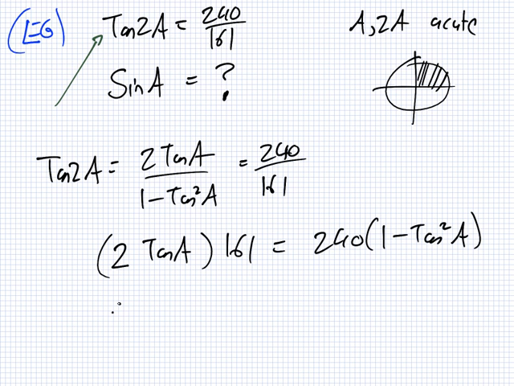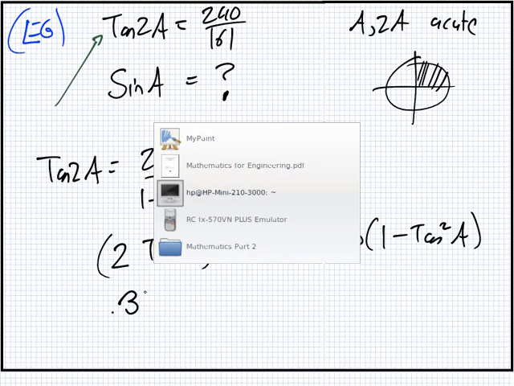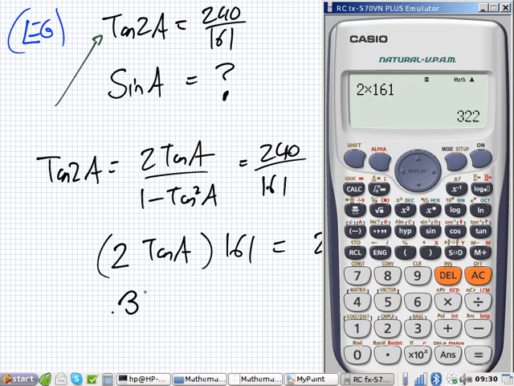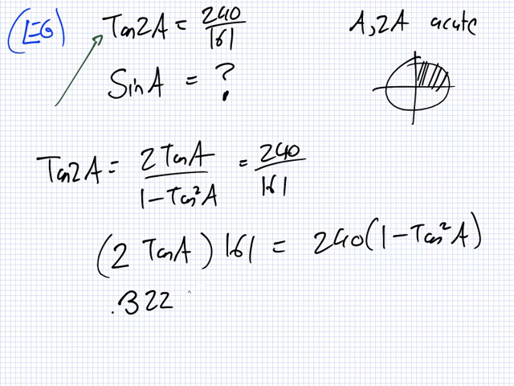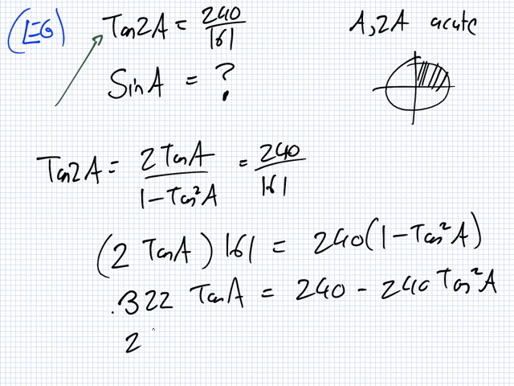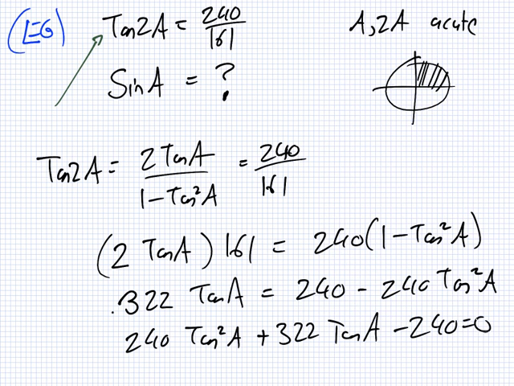So you want something that's quadratic? Yeah. I'm trying to find tan A. Let's hope it has roots. 240 tan squared A plus 322 tan A minus 240 equals 0.